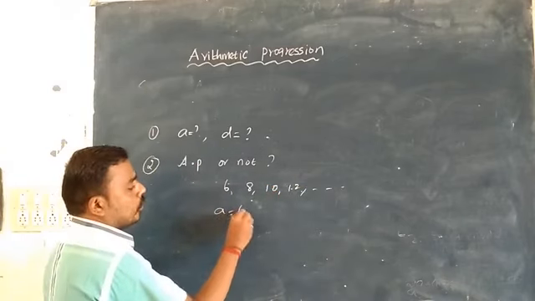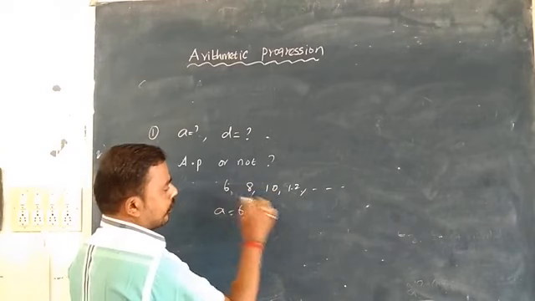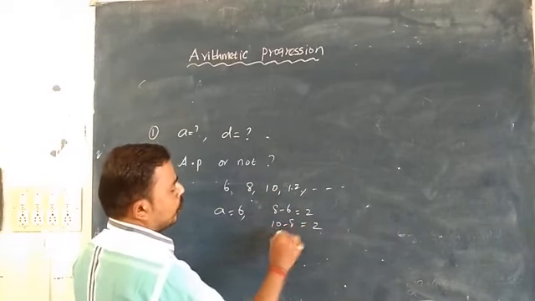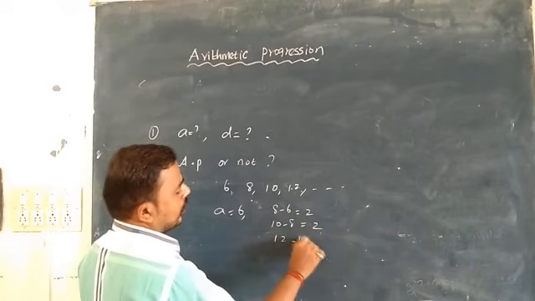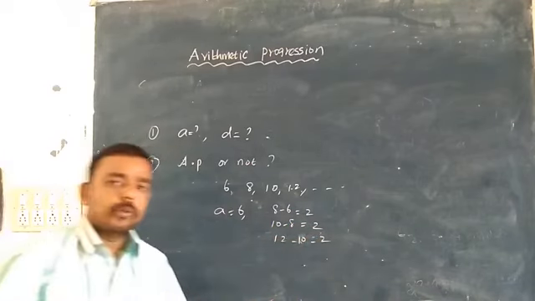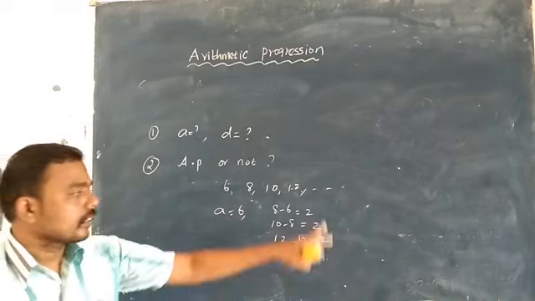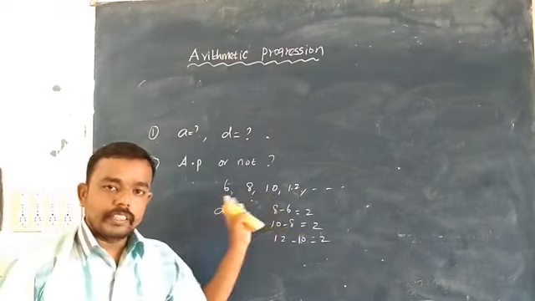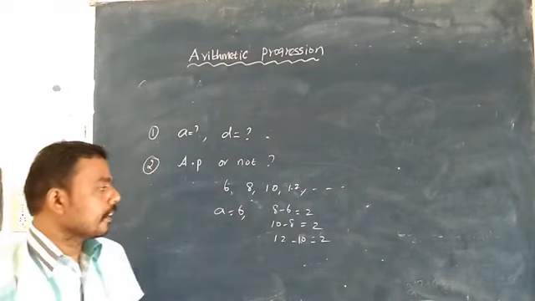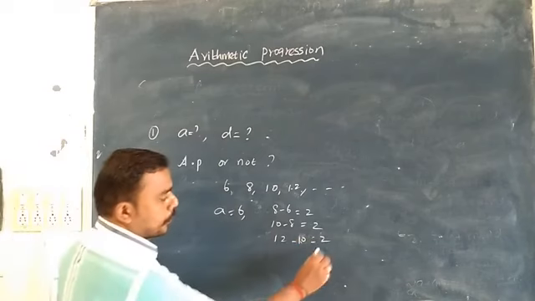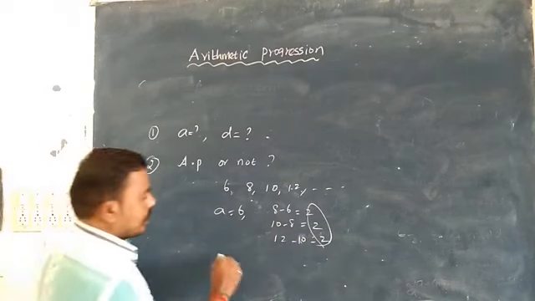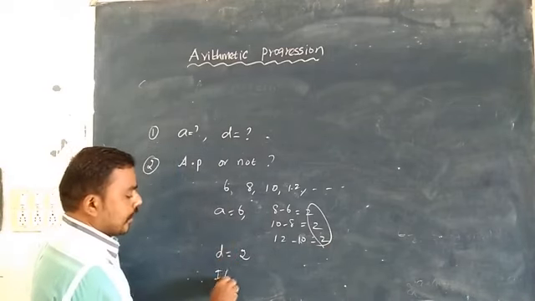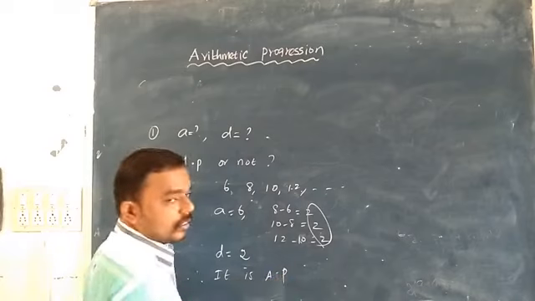A equal to 6, no problem. D we need to find. So for that, 8 minus 6 is 2, 10 minus 8 is 2, 12 minus 10 equal to 2. You think about only the given numbers, don't bother about the unknown numbers. We need to consider the series like that. Here the difference is common, 2. So that is D equal to 2. Therefore it is an AP. Okay.